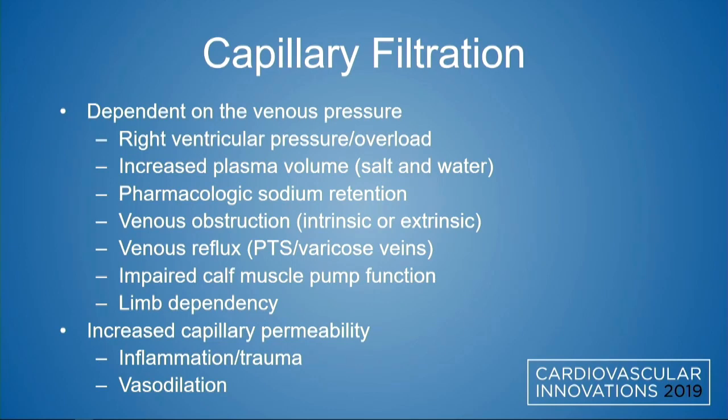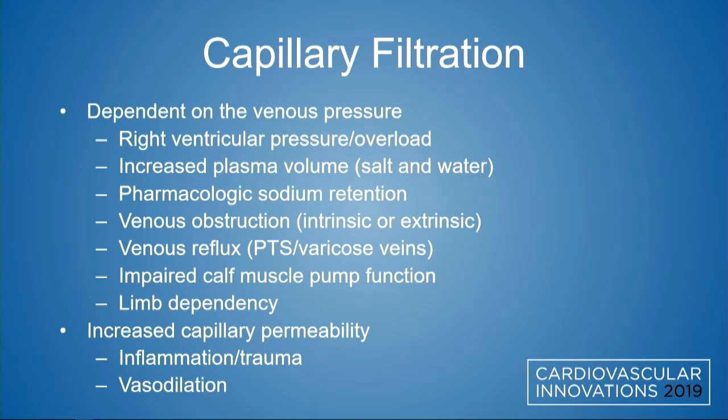So when we look at what creates venous pressure at the level of the capillaries, anything that creates right ventricular pressure volume overload, anything that changes plasma volume, whether it's sodium and water retention or pharmacologic sodium retention, or if it's protein distribution, venous obstruction and venous reflux that increase venous pressure, or if you have an impaired calf muscle pump, so you can't pump that pressure like you need to.